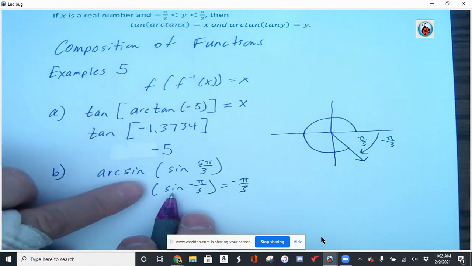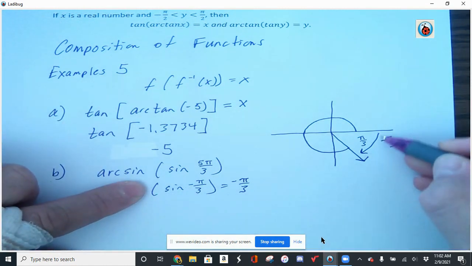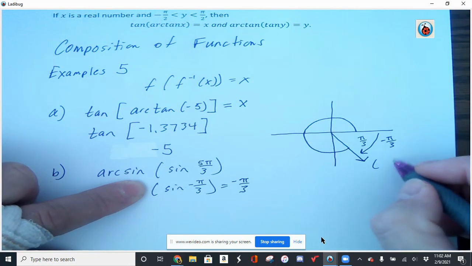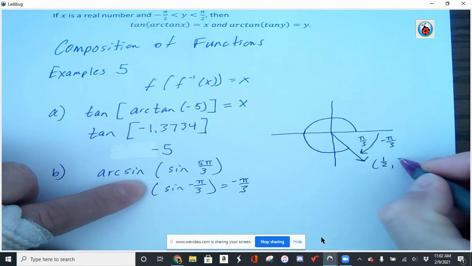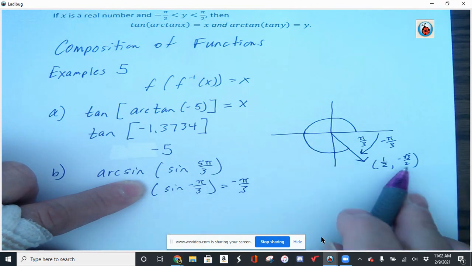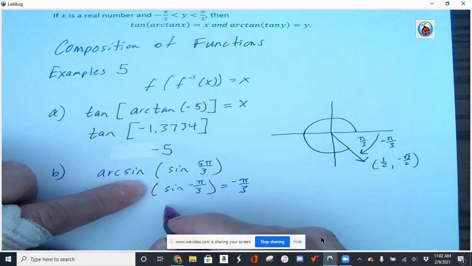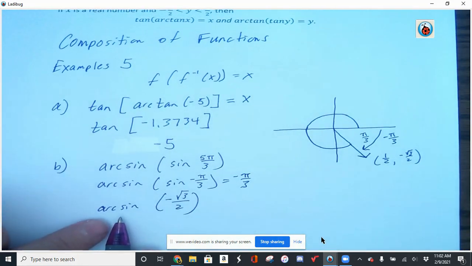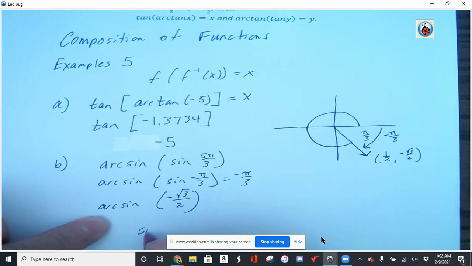So sine of negative pi over 3, here's the angle, it has an ordered pair, and that means the sine value of this is negative square root of 3 over 2. Remember arcsine: I want to know what angle has a sine value of negative square root of 3 over 2.